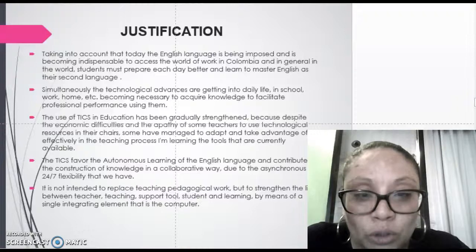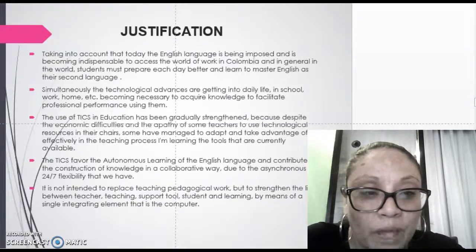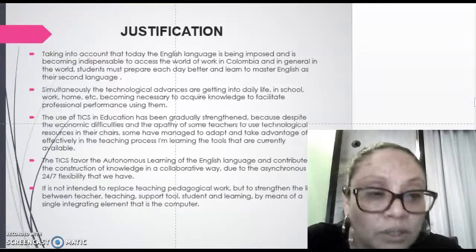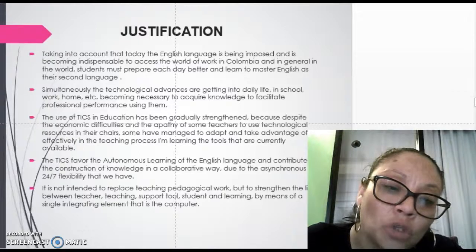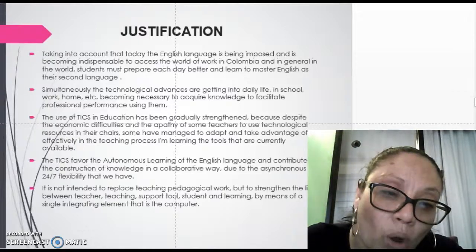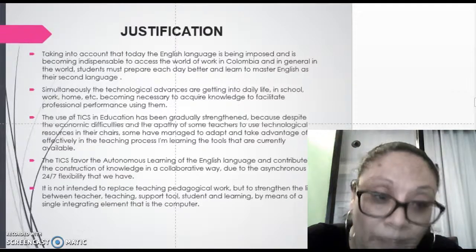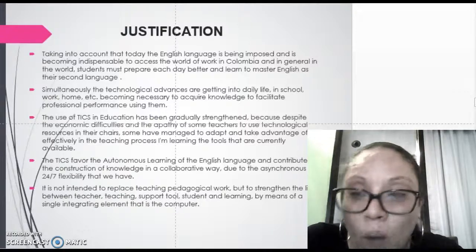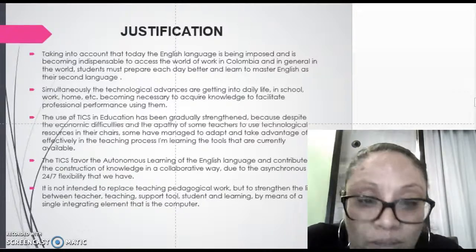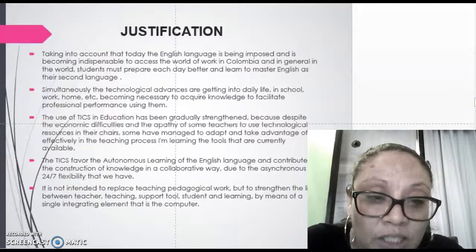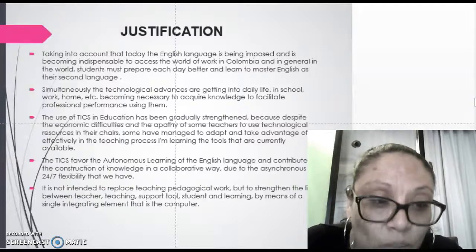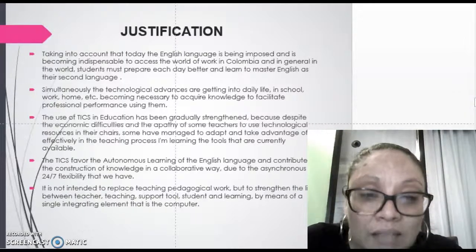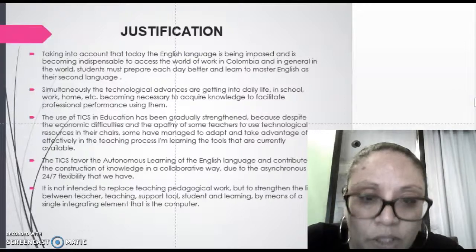Justification: taking into account that today the English language is being imposed and is becoming indispensable to access the world of work in Colombia and in general in the world, students must prepare each day better and learn to master English as their second language.